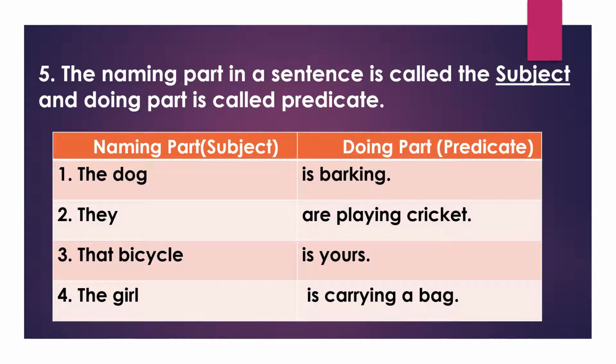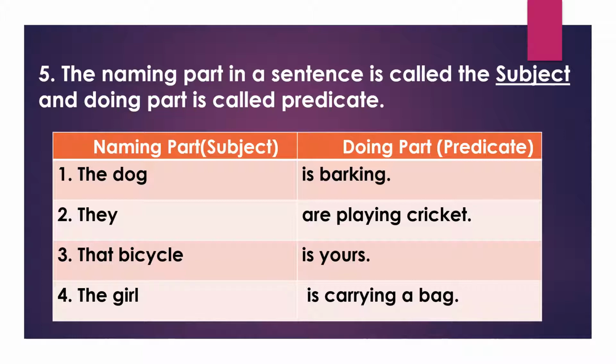Let us see some examples. The dog is barking. In this sentence, the dog is the naming part, that is the subject of the sentence, and is barking is the doing part, that is the predicate of the sentence.